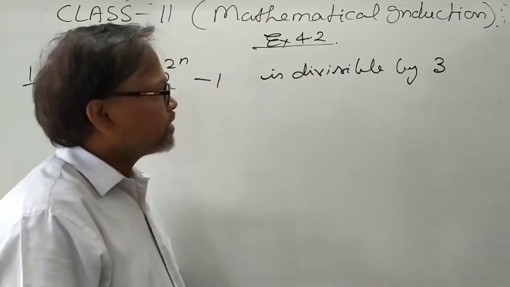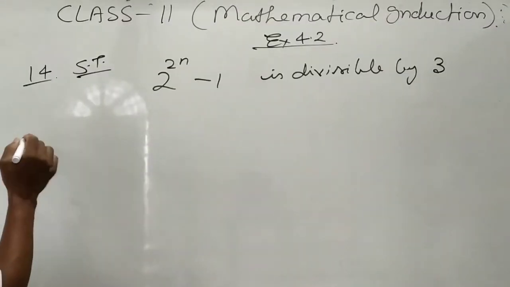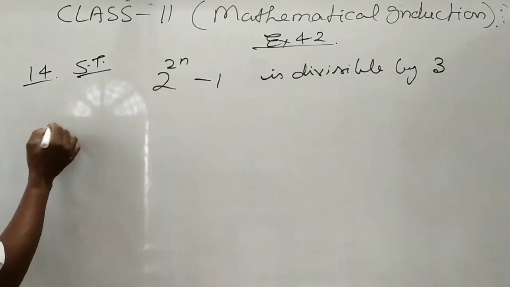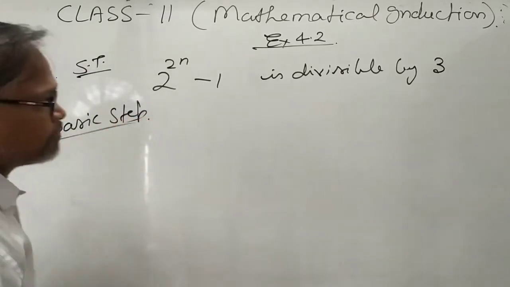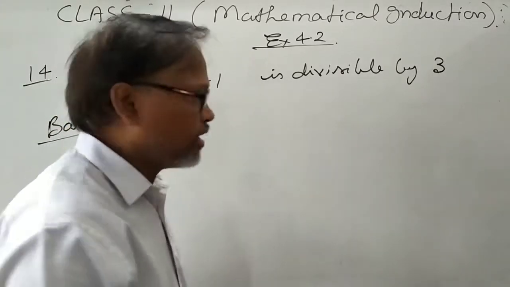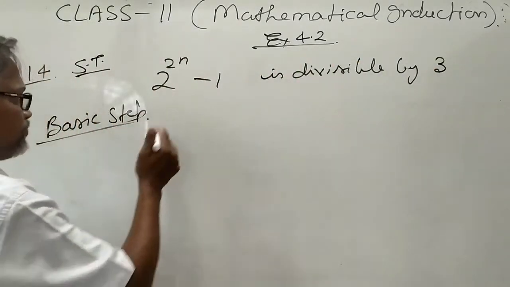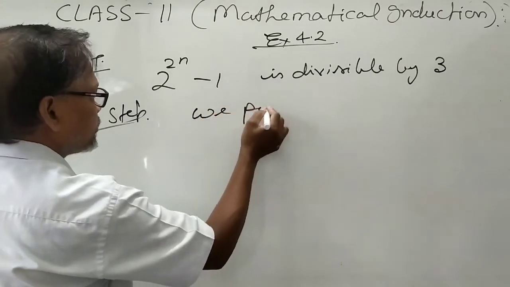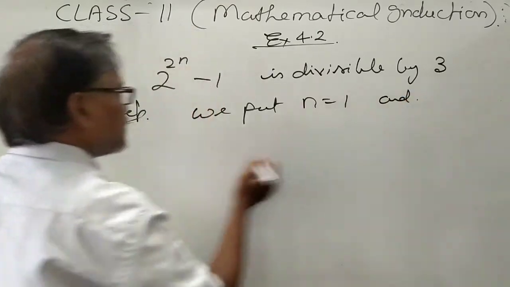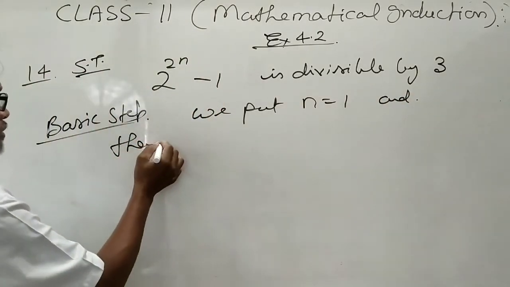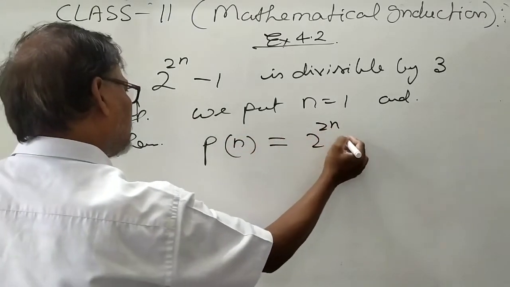In this case, first of all, you have to use the basic step. What you have to use in the basic step, that is you put n is equal to 1 and show that this is divisible by 3. We put n is equal to 1 and then Pn is equal to 2 the power 2n minus 1.